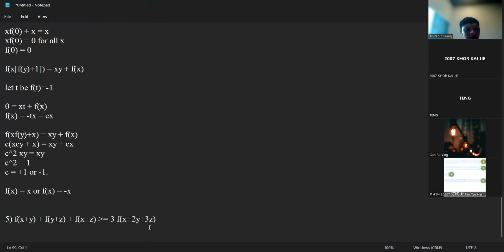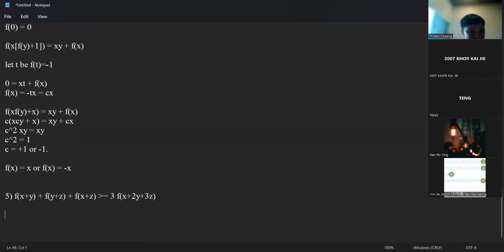So what would be a nice substitution? Let's try substituting some random variables again. Let's say z is 0. Then f(x plus y) plus f(y) plus f(x) is more than or equal to 3f plus 2y. Doesn't seem to help.